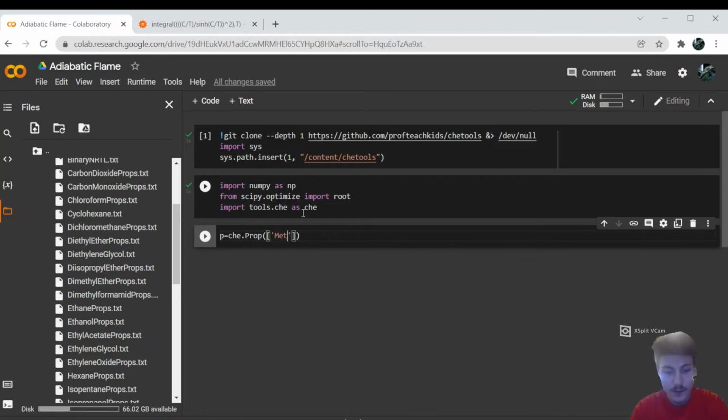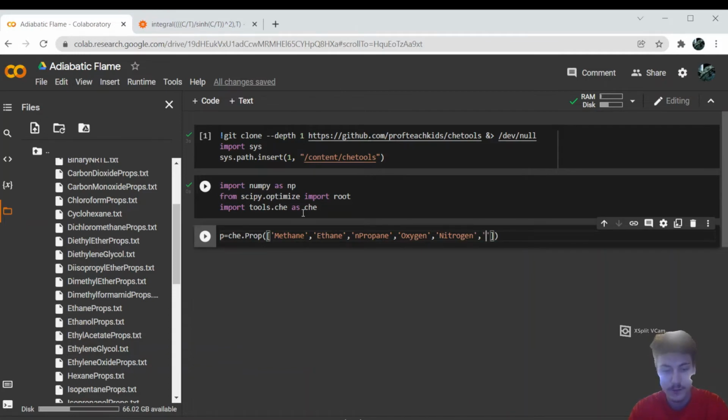We have methane to start off, and then ethane, and then propane, and then the next one we have is oxygen, and then nitrogen, and then all of the byproducts.